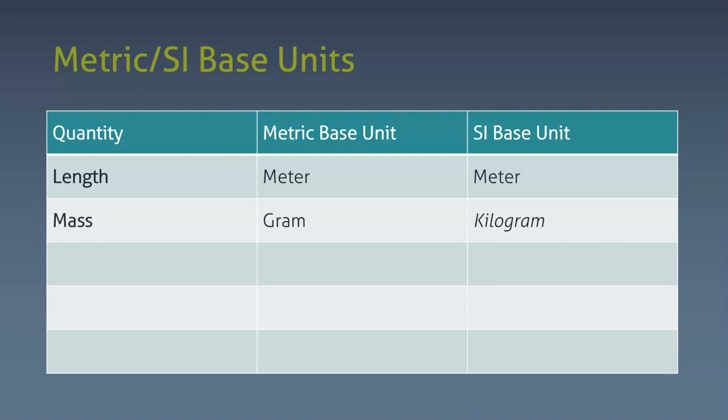When we're measuring mass, the metric base unit is the gram. Now, a gram is really, really tiny. It's about the mass of a paperclip or a thumbtack. In chemistry classes, most of the masses we're going to deal with will be less than 200 grams, which works pretty well using the gram as the base unit.